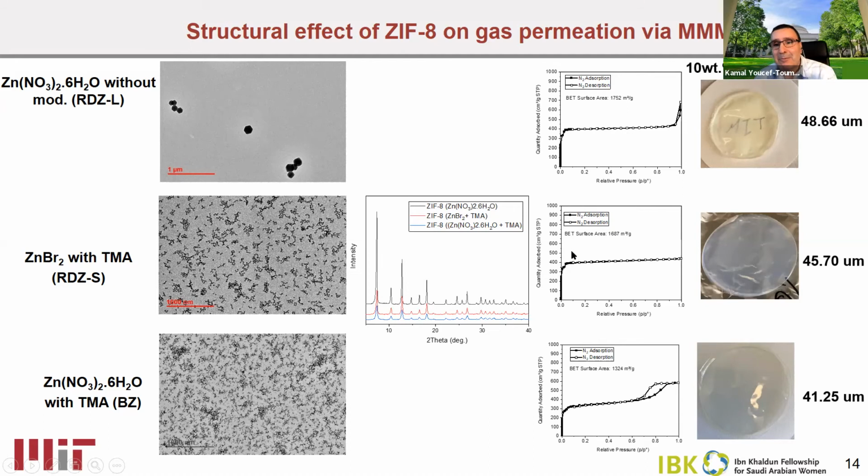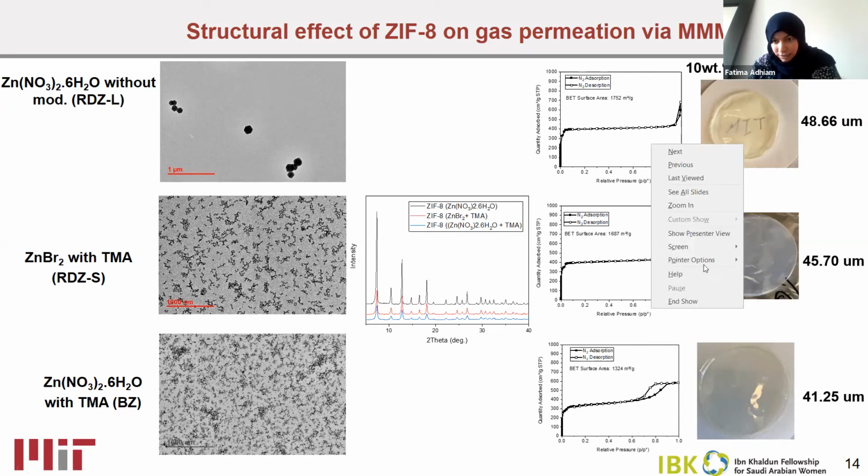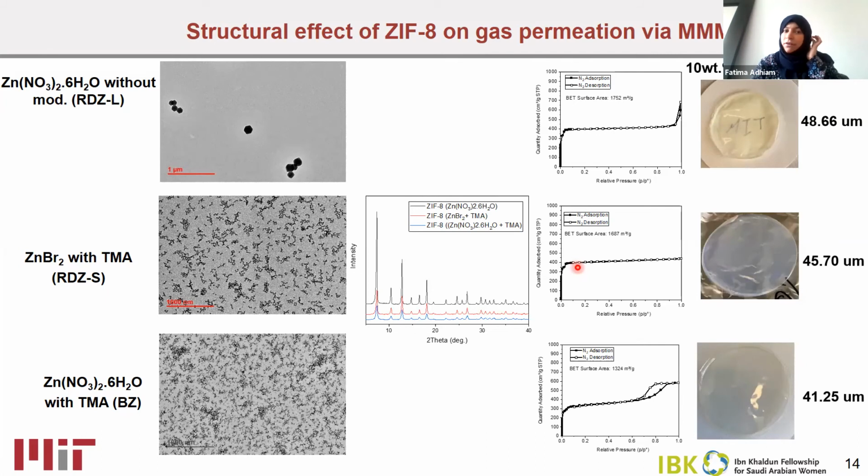Okay, so for this type of isotherm, the typical isotherm for the microporous material should be isotherm type 1, and it should be like this.